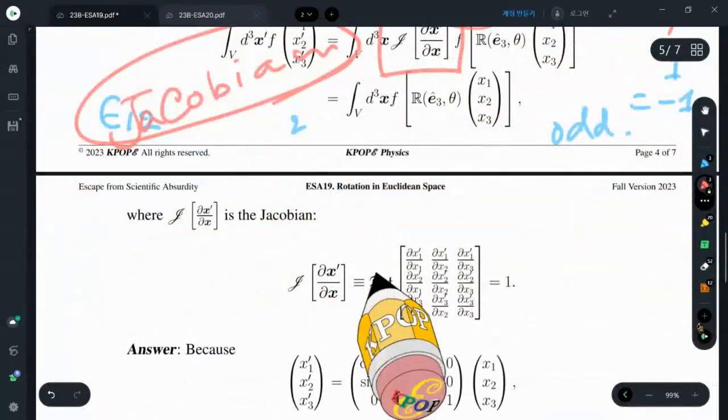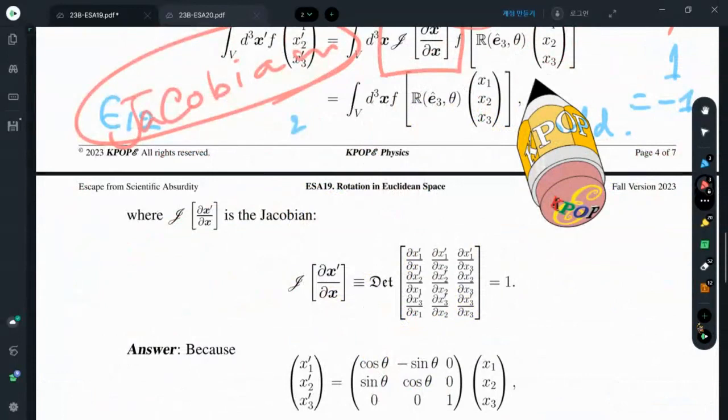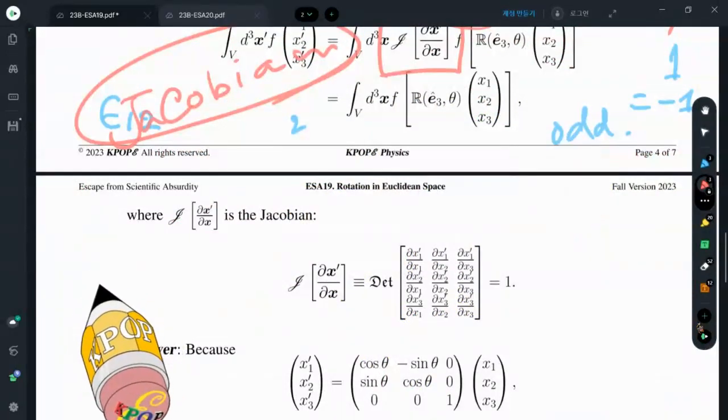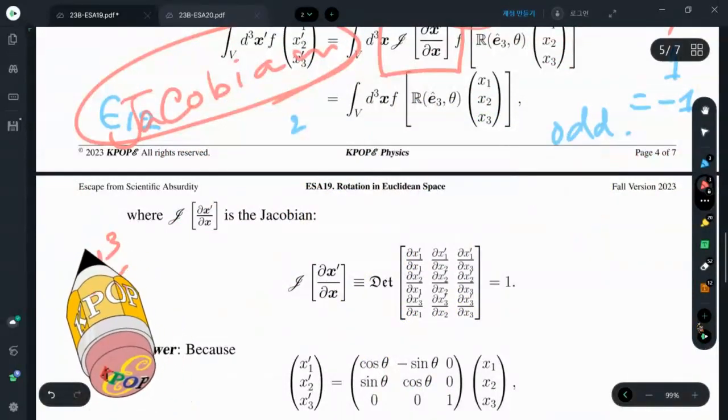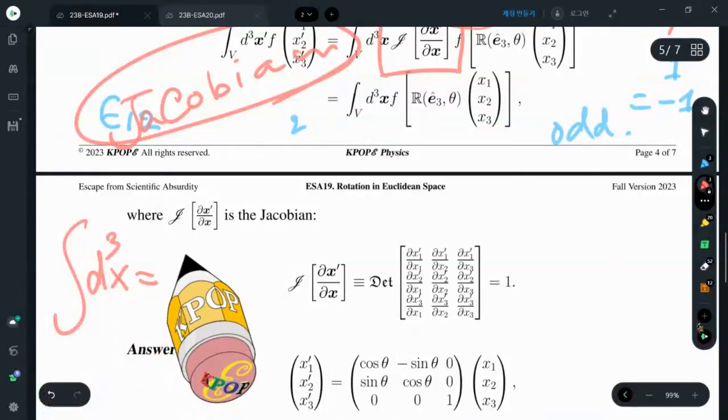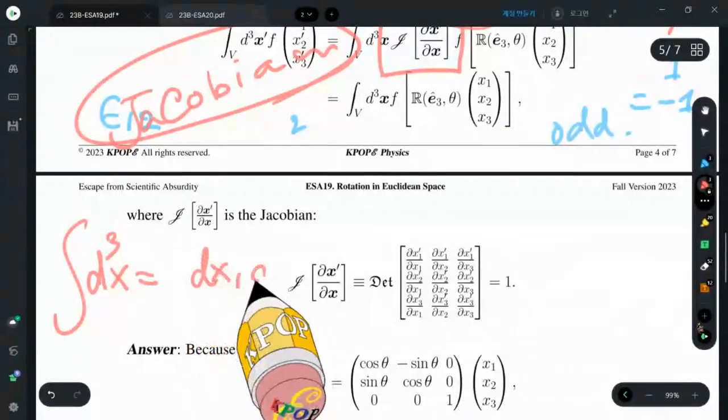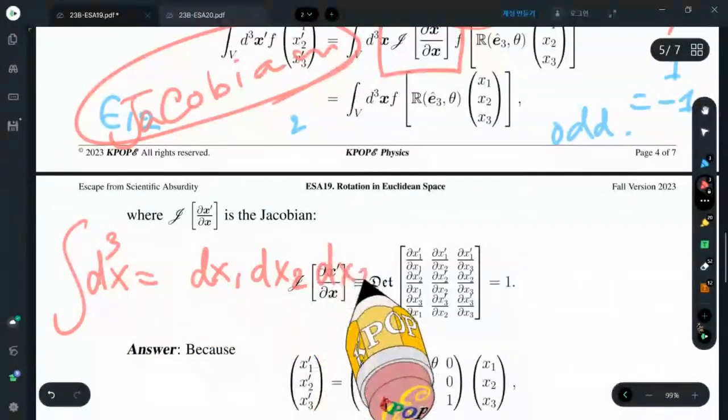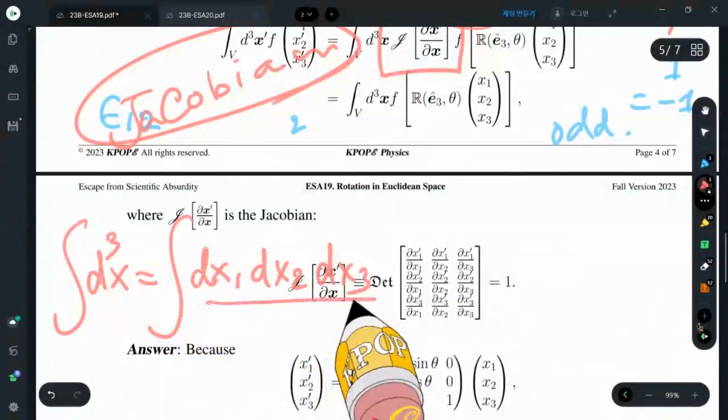The Jacobian is a triple scalar product in the 3×3 case, because dx cubed integral is actually the Cartesian coordinate x1, x2, and x3 integral.